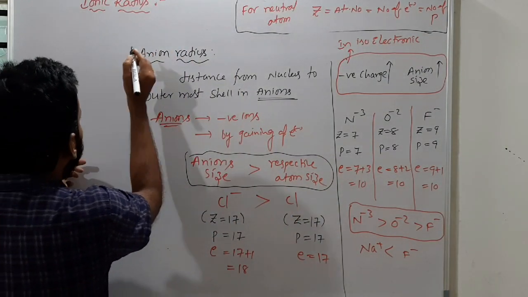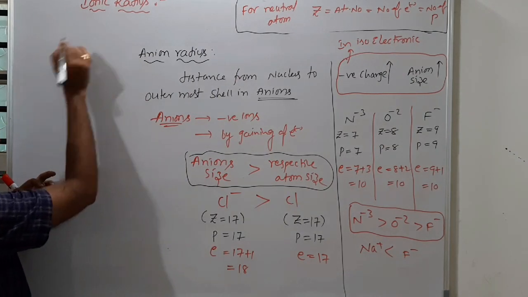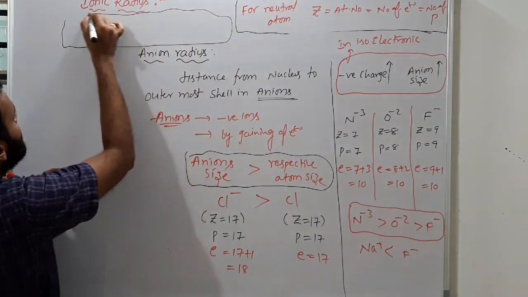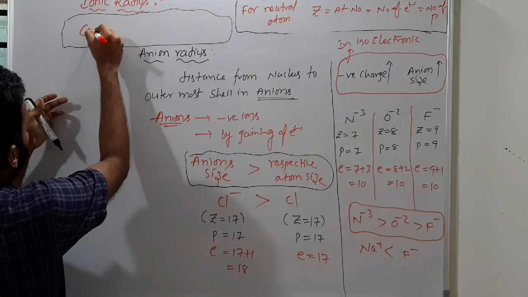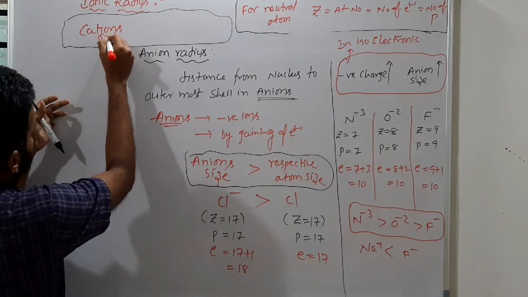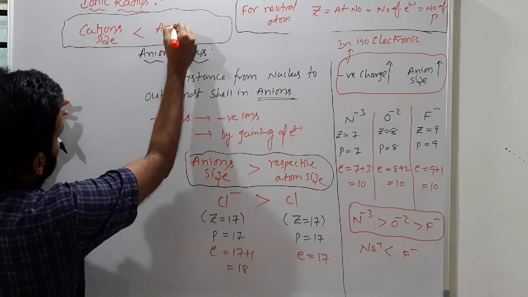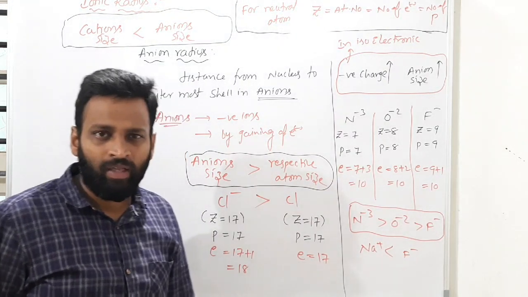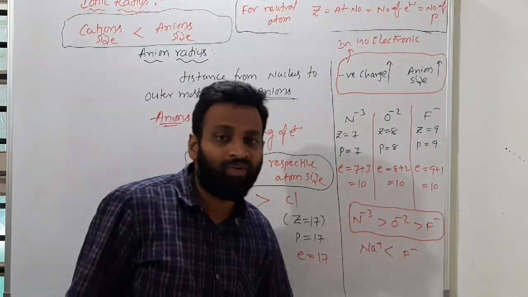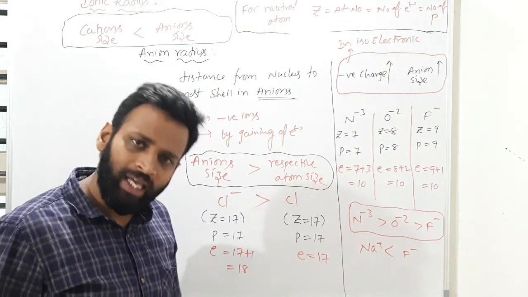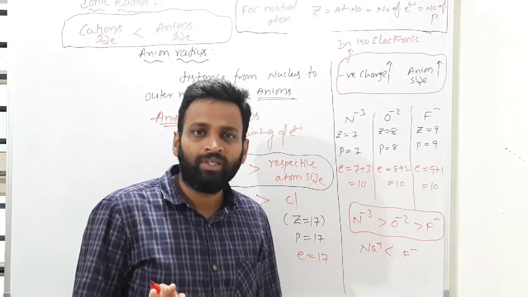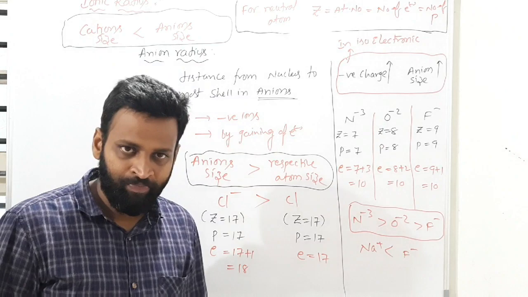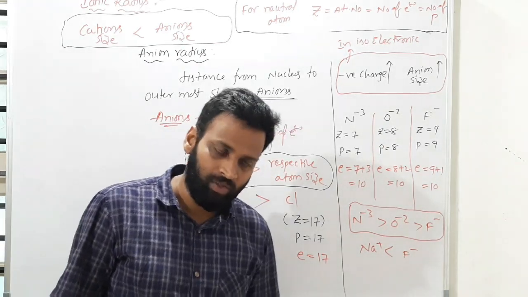The most important thing here is that the cation's size is always less than the anion's size, even if they have the same number of electrons. It is better to consider the same number of electrons always. They will also give questions in the same manner, mostly. We will discuss MCQs based on this.